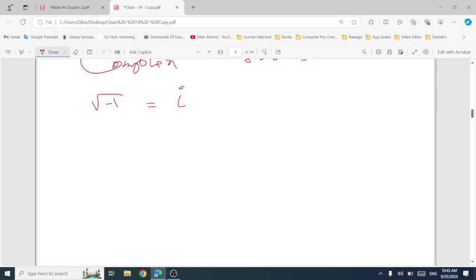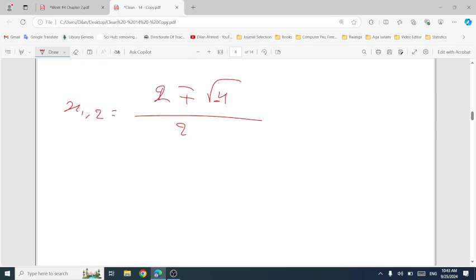So for example, if your solution is 2 plus minus over 2, the square root of 4 minus 4, if you get something like that, you say I am in the third case, then my solution will be 2 plus minus over 2 times i square root of 4.